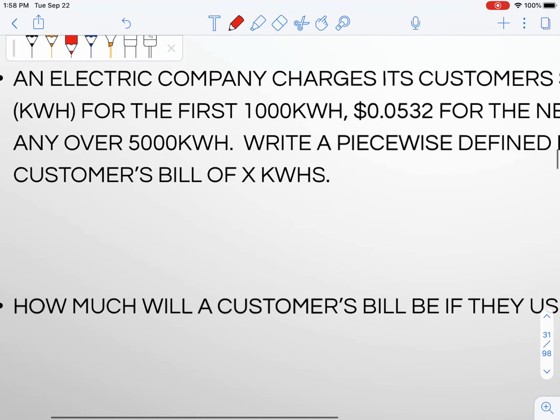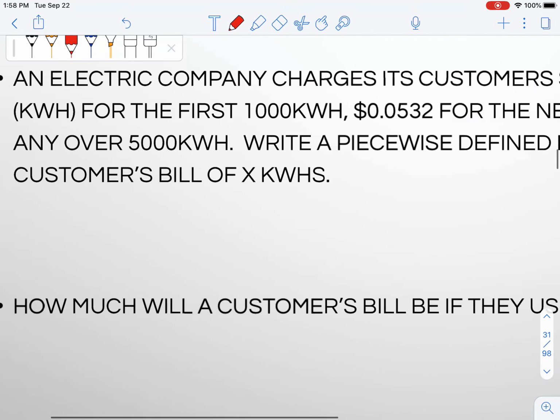Right? And I'm going to come back to why the X minus 1,000 here in a second. Essentially, the reason being is I've already paid for my first 1,000 at this rate here above. Okay? It's only my next 4,000 that's being billed at the new rate.